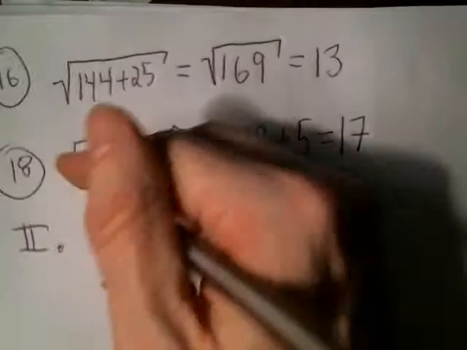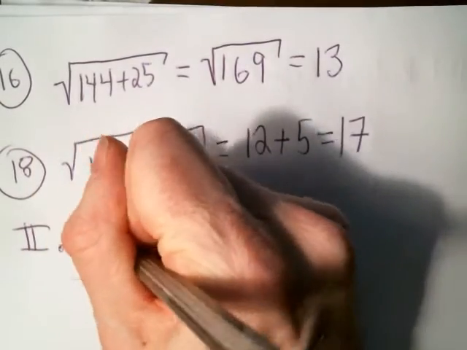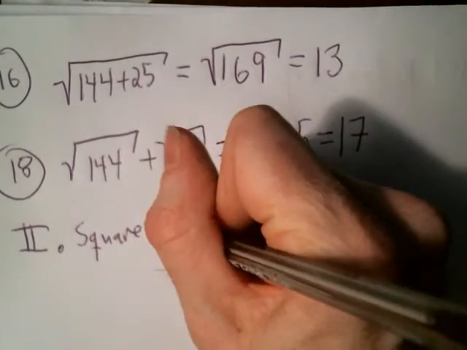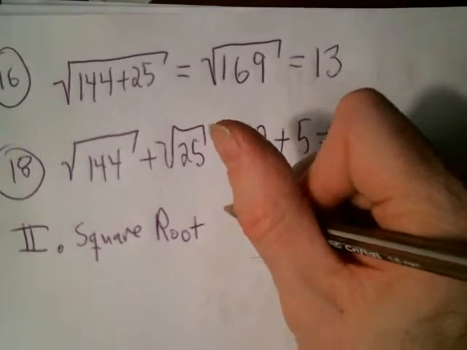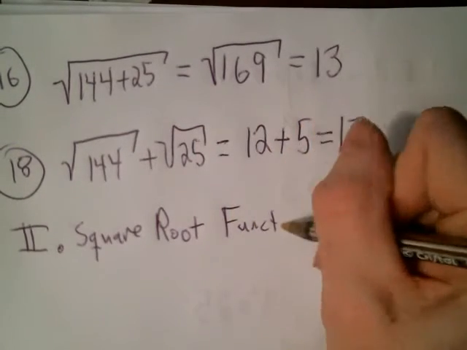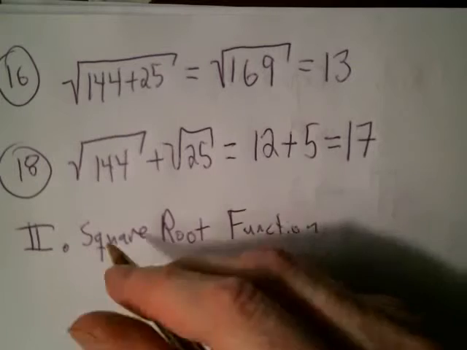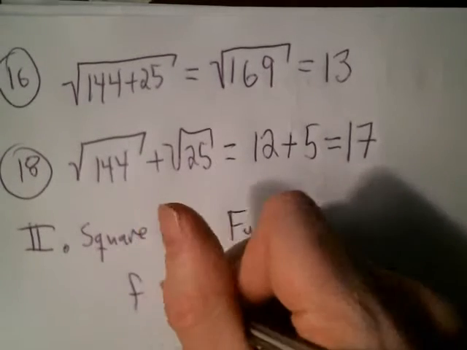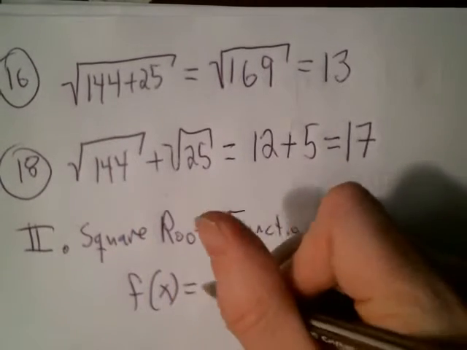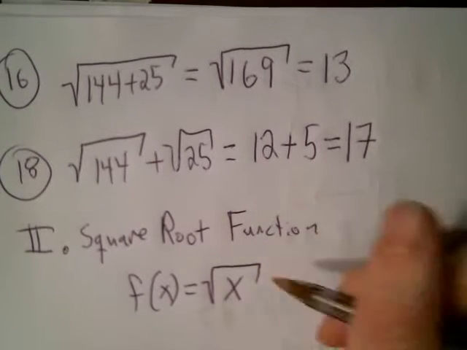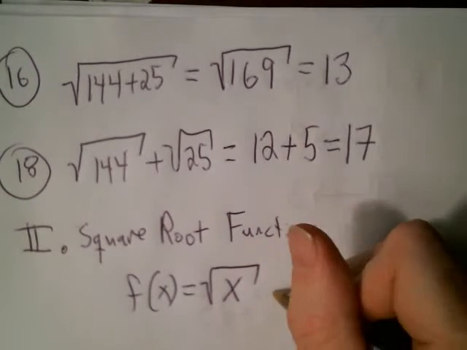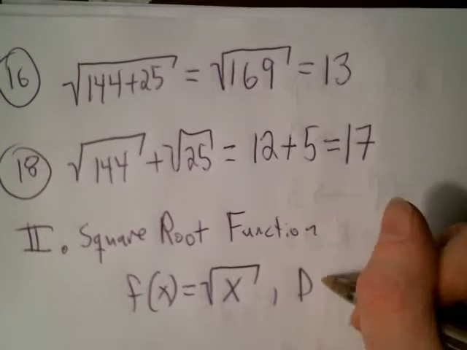So we want to do the same thing here. We want to introduce some variables, and in particular, we'll consider the square root function, right? So instead of considering the square root of some number, we're going to have the square root of some variable, okay? So that variable is to be determined.